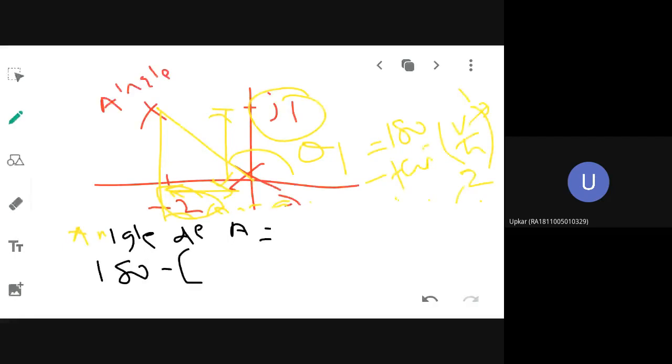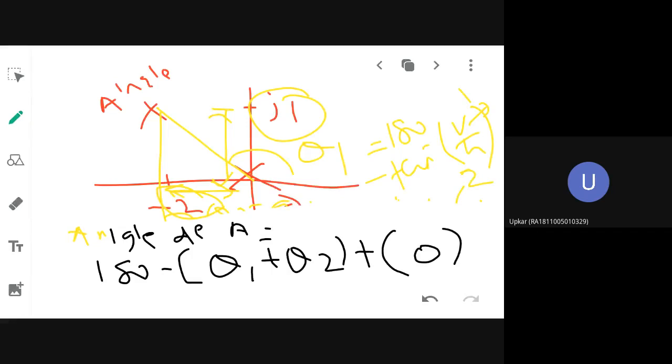So how many angles? Theta 1 plus theta 2, and you are not having any zeros, so the other term will be 0 only. So 180 minus 90 plus 162. Tell me what is the angle of departure at A?